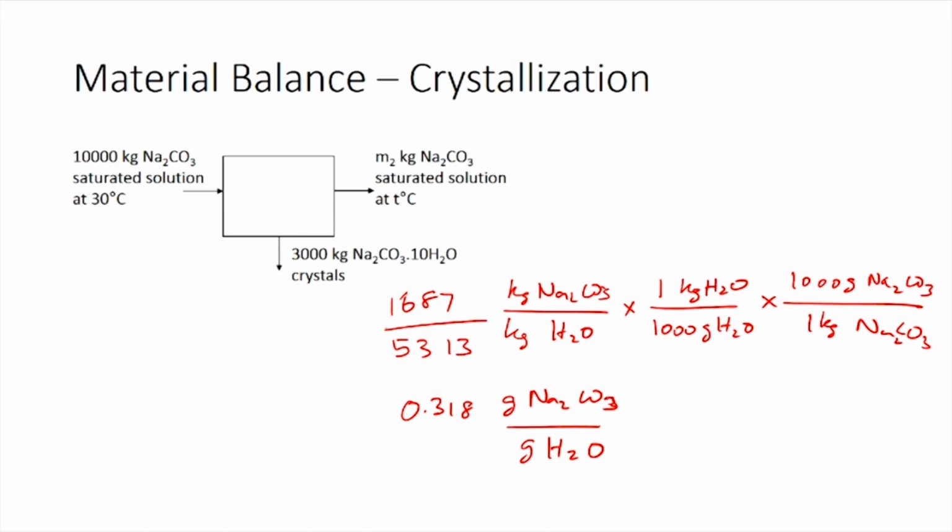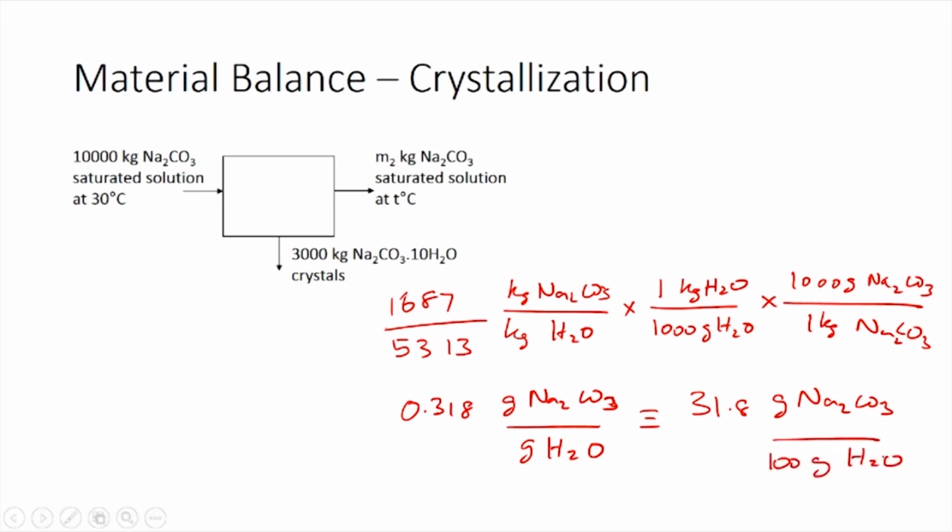As we needed to calculate the amount of Na2CO3 dissolved in 100 grams of water, multiplying this with 100 would give you 31.8 grams of Na2CO3 dissolved in 100 grams of water.